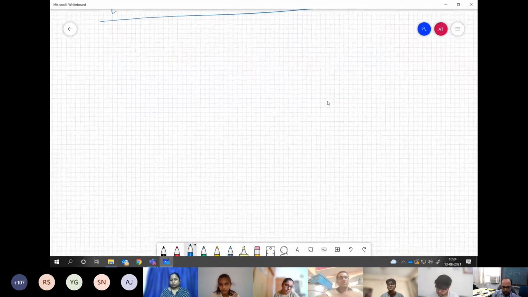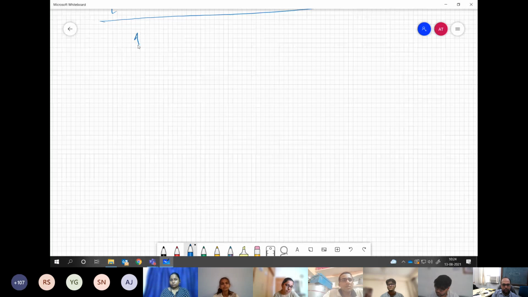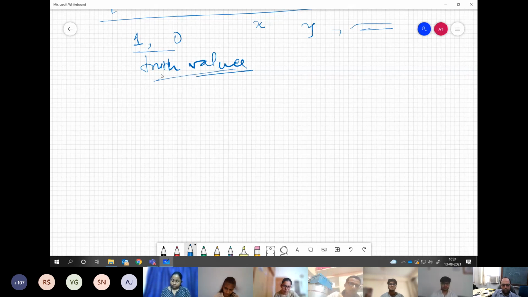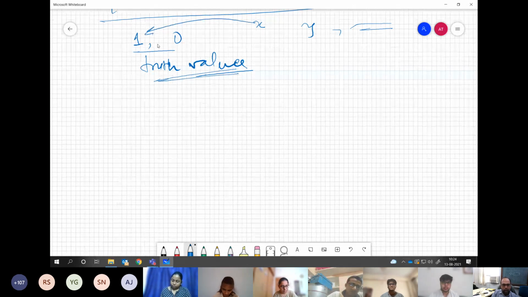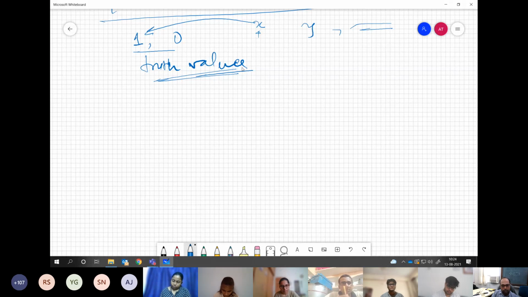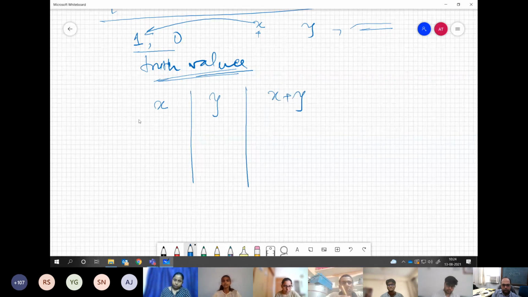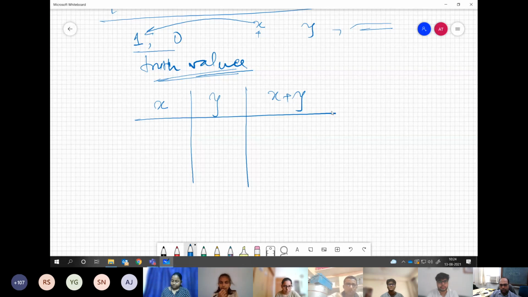Now, these values we are giving, let's say 1 or 0, given to the variables x, y, z, etc., are called truth values. Truth value means what is the value at this moment of this variable. And the combinations we generate, let us say you tabulate x and y and you generate the output as a table.